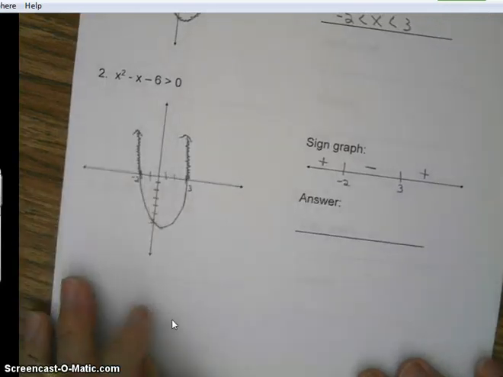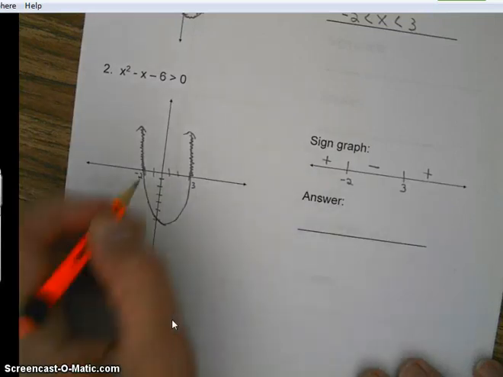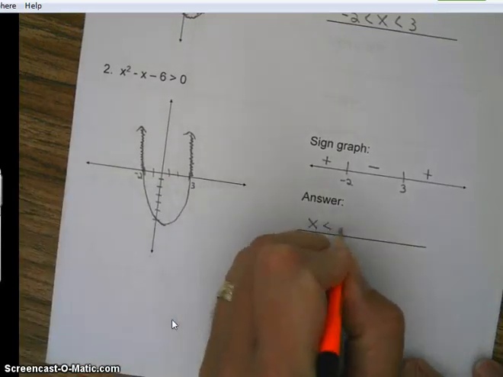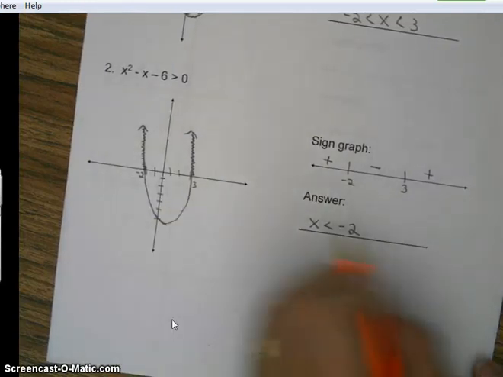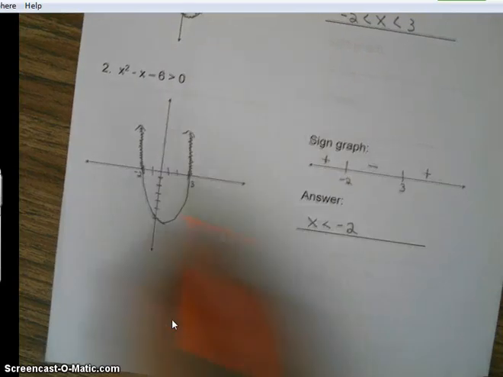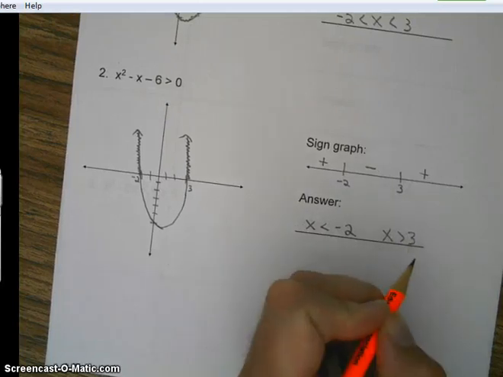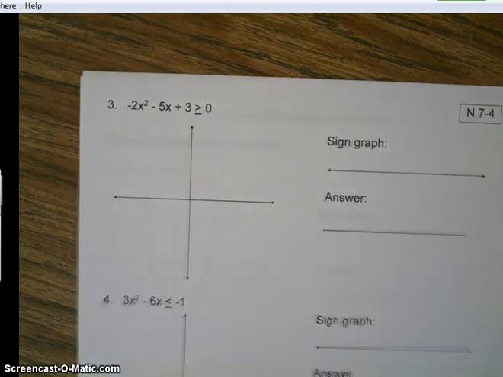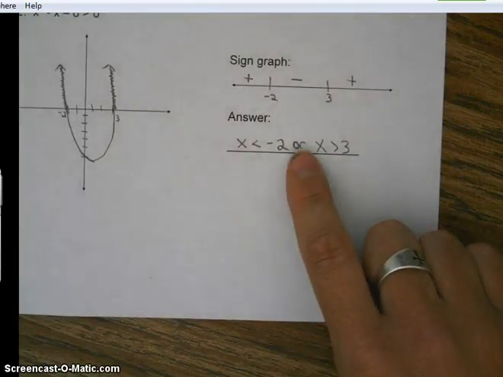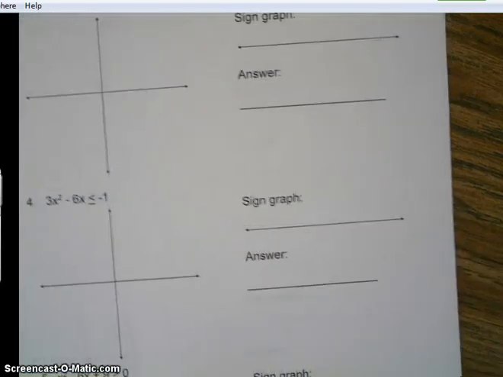So our solution is going to be all values less than negative 2, so x is less than negative 2, and we also have x is greater than 3. By the way, we're going to put the word "or," not "and," in between the two solutions.